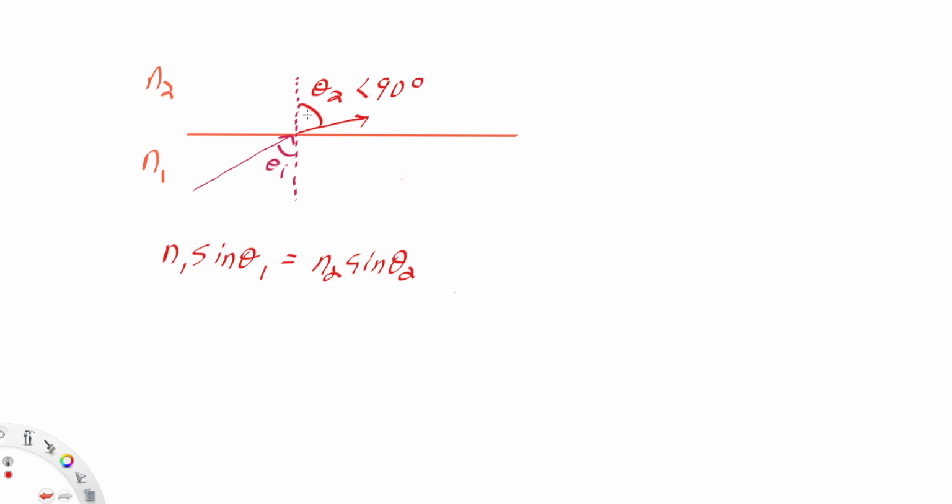Right? Because if it was 90 degrees, then it wouldn't come out into the second material at all. It would just skate along the surface. And if it was any bigger than that, it would actually just reflect back down.